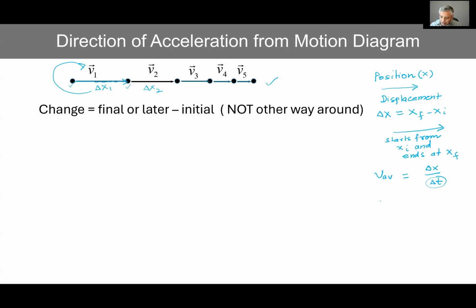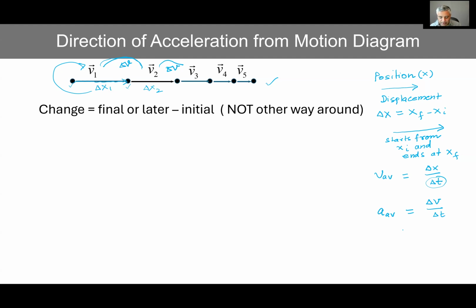And then we also learned average velocity, not average velocity, I mean average acceleration. So that's why my hand was hesitating to write things, okay? It is change in velocity over time interval. So we need to find change between, let's say, these two or these two, and divide that by time interval.